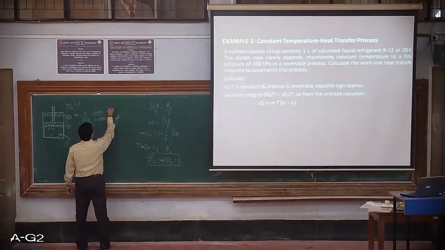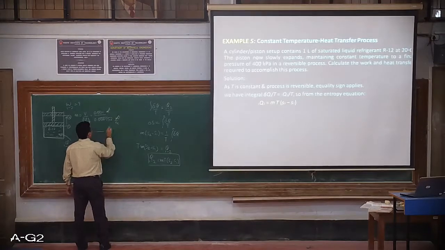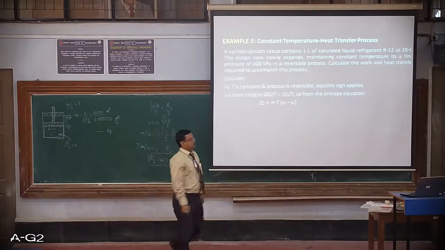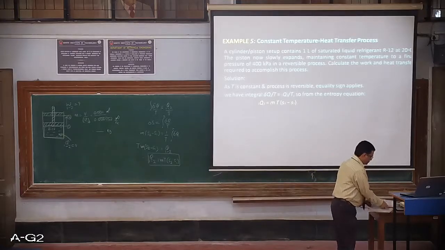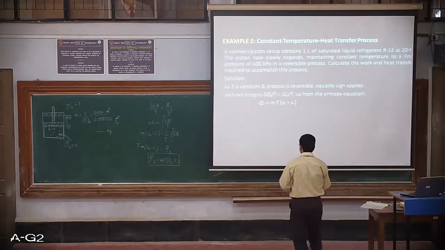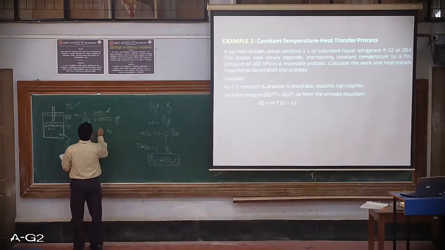So cubic meter cancels, the kg comes to the other side. So the mass, if you calculate, is 1.33. I'll write here, mass is 1.33.